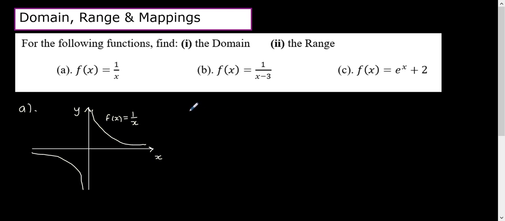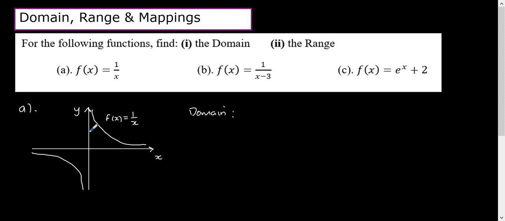So when we're actually writing down what the domain of this function is, what we need to consider is which values of x will work for this function and which values will not. You can see that if I substitute any negative number in, I will get a y value out.